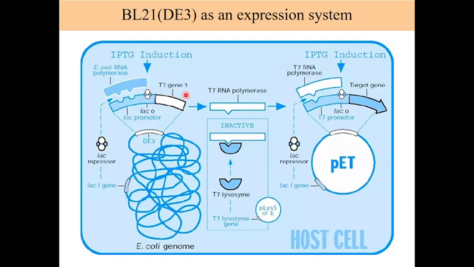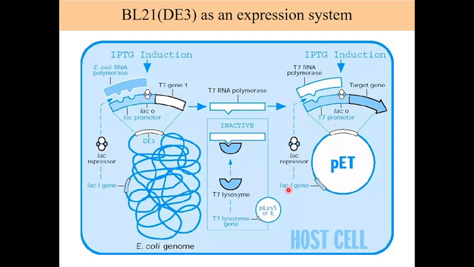T7 RNA polymerase, which is a viral RNA polymerase, gets synthesized. Now this is your pET vector, the expression vector. Inside the pET vector, again there is a site for T7 polymerase. It also has the lac operator and the T7 promoter, all genetically engineered.